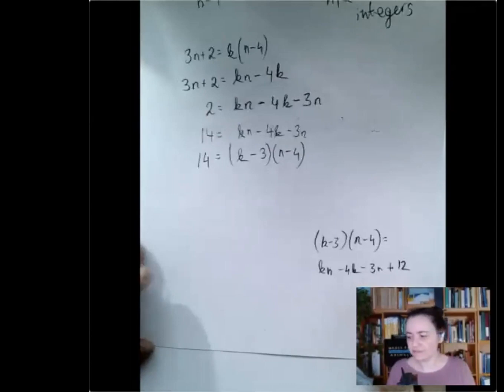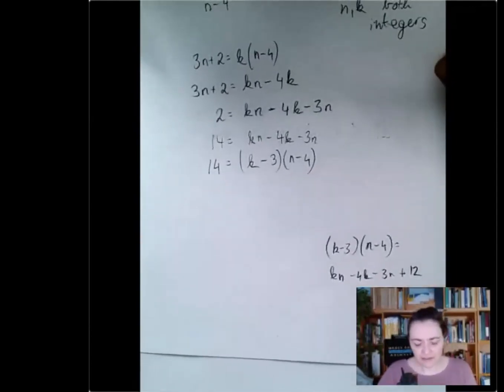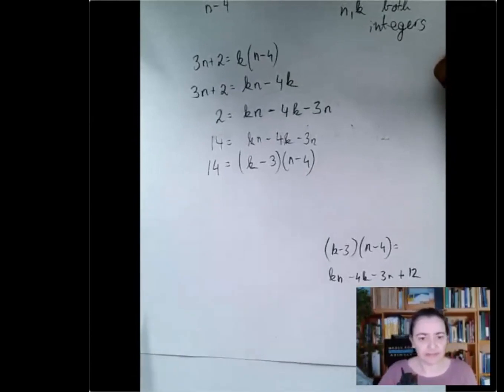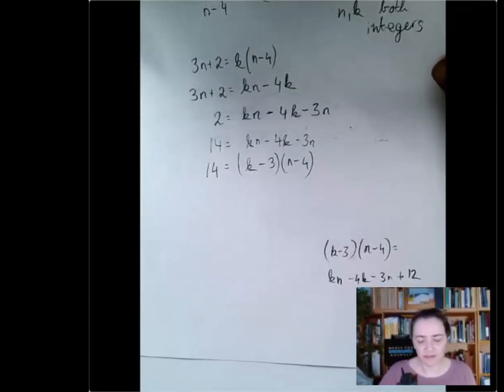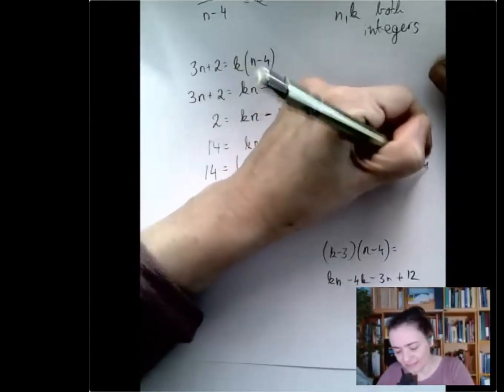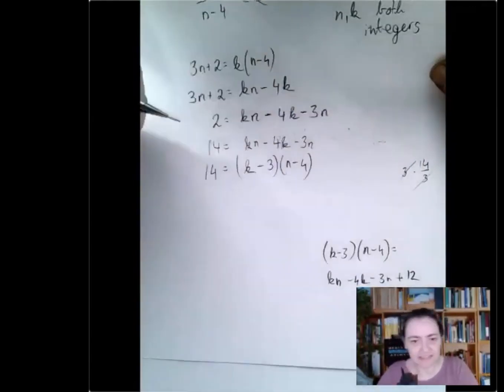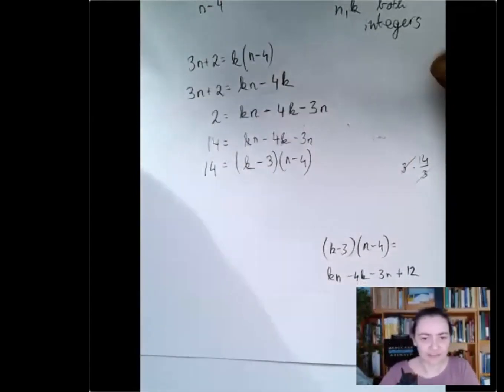Now, this is where looking for an integer works to our benefit. Two numbers multiply to 14. Well, among real numbers, that can happen infinitely many ways. 3 and 14 over 3, right? You multiply 3 and 14 over 3, well, you get that 14. 7 times 2, 23 times 14 over 23.